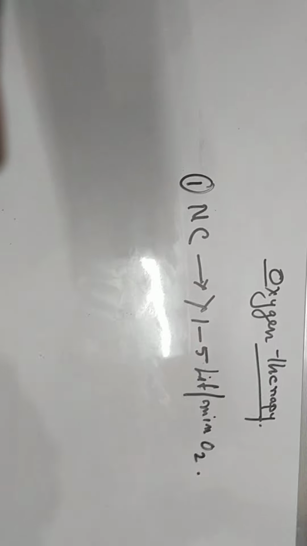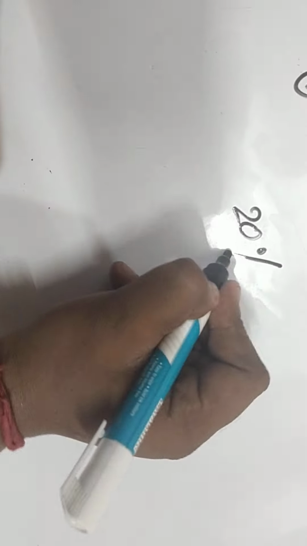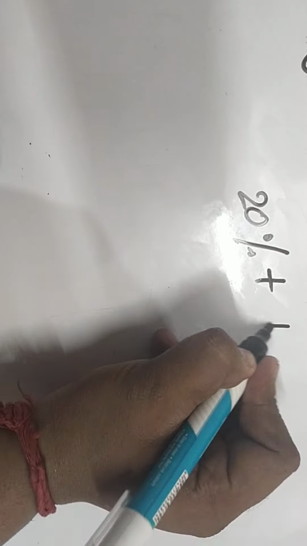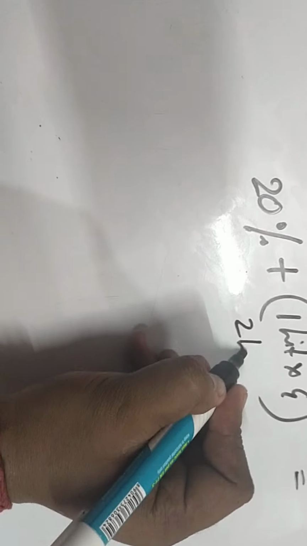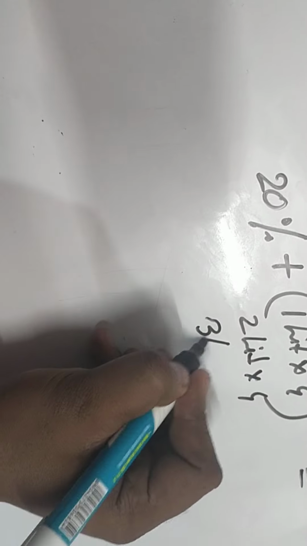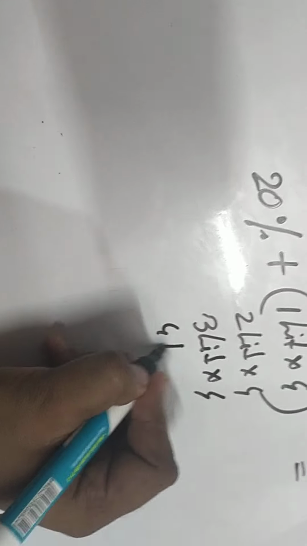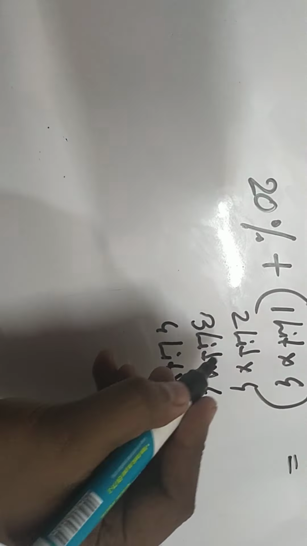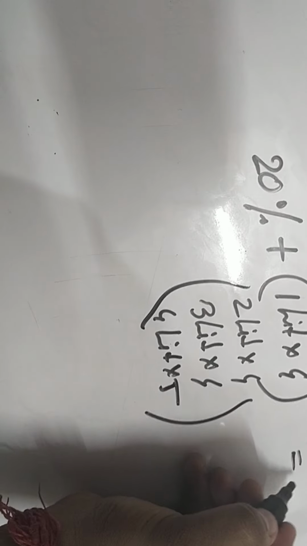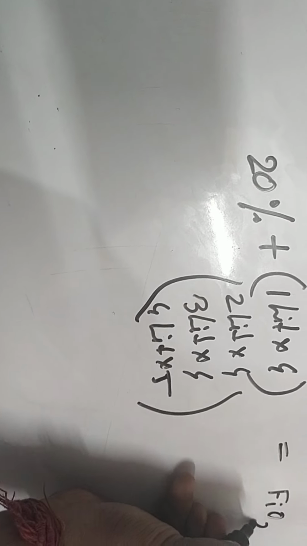More than that is not going to work. The calculation is 20% plus 1 liter times 4, 2 liter times 4, 3 liter times 4, 4 liter times 4.